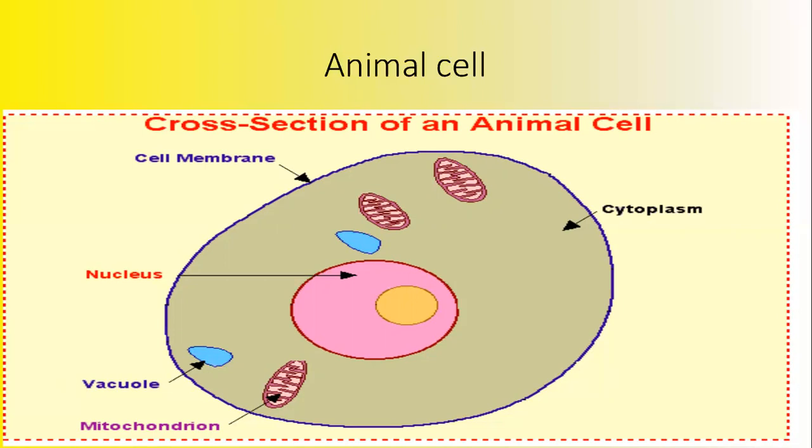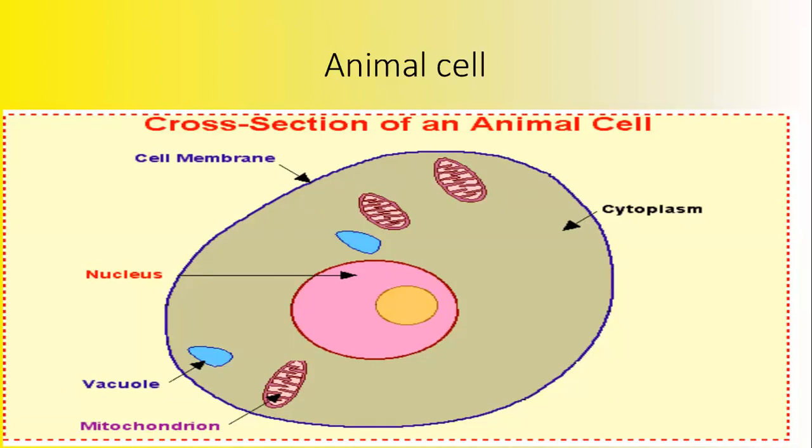Vacuole is in the shape of a bubble. Their function is to store water, food and waste substances. And cytoplasm is a jelly-like substance. All the organelles of the cells are suspended or floating.